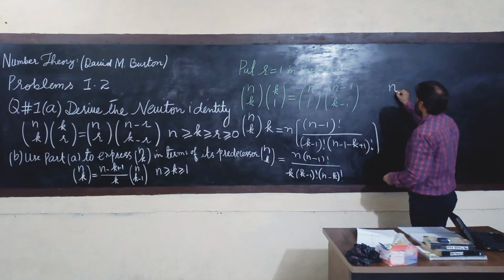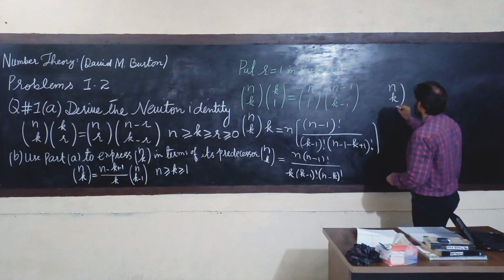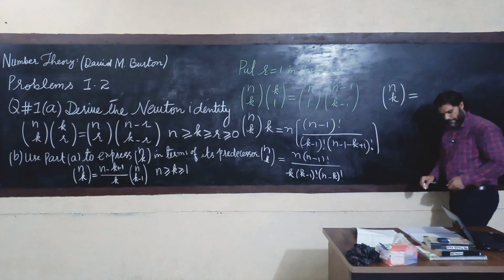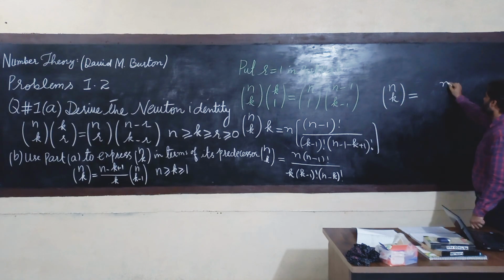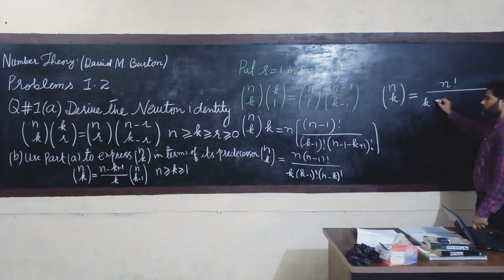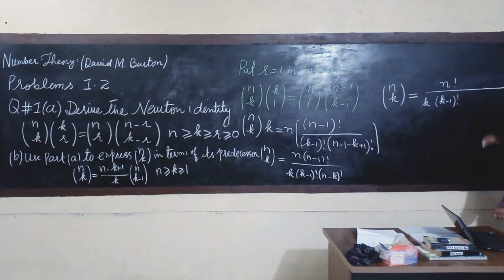We have n choose k is equal to n factorial over k into (k minus 1) factorial, multiply the number n minus k plus 1 with the denominator and also with the numerator, (n minus k) factorial.